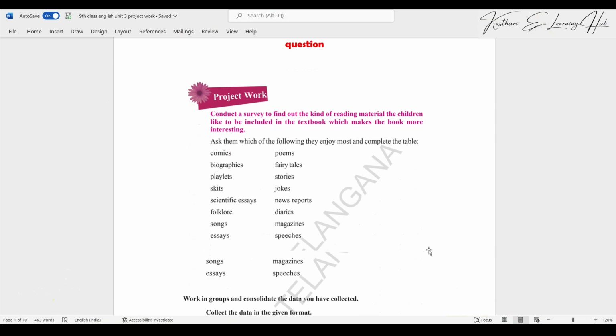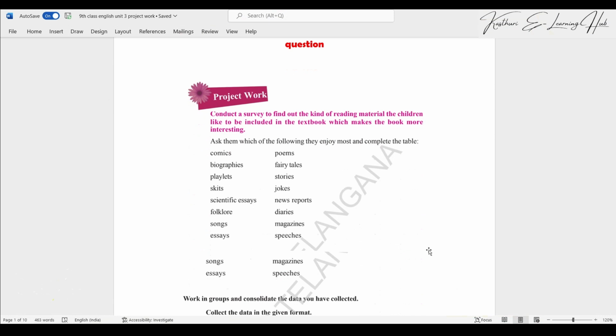Already we have so many types of reading materials in our textbook. Apart from that, whatever the children want, we have to ask them which they like, which they enjoy. What are all the types of reading material they want, that we have to find out.